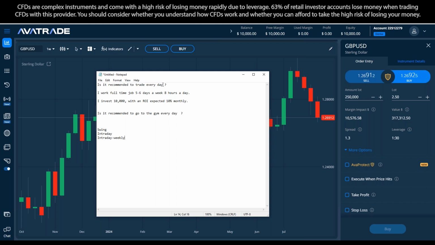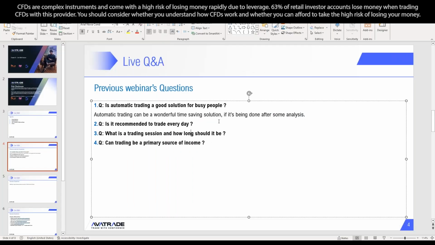As a solution to this answer, I would safely say that it depends on what you're planning to achieve. And at the end of the day, it also depends how good you are. All right. If you make money when you're trading every time, great. If you don't, then you don't have to. Let's put it here. Is it recommended to trade every day?